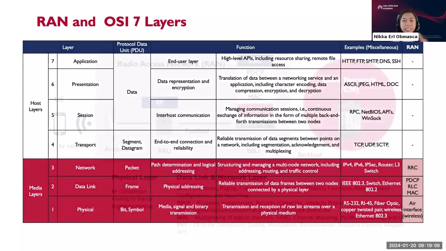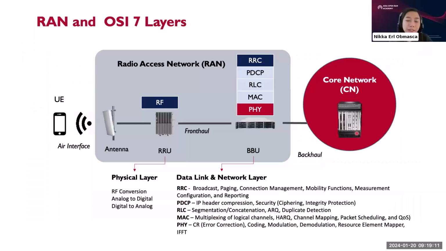The physical layer is the first layer in the OSI model, again, which is responsible for the transmission and the reception of our raw data. This is like the fronthaul and the backhaul. These are the examples for the physical layer.